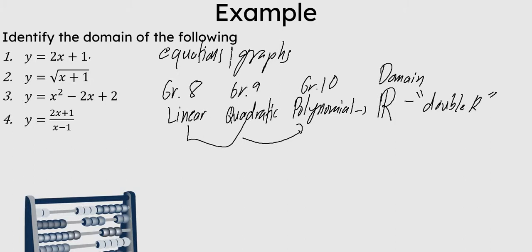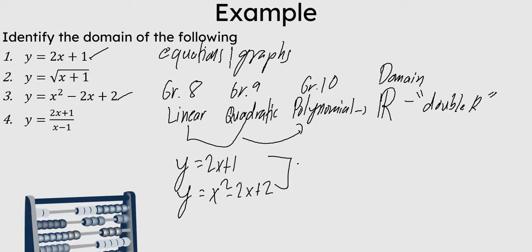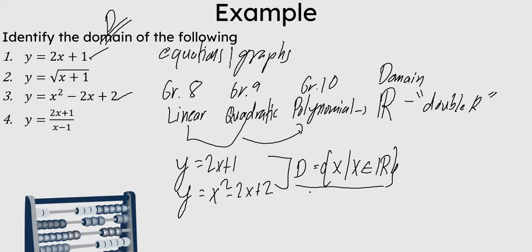So that means numbers 1 and 3: y equals 2x plus 1 is a linear function, and y equals x squared minus 2x plus 2 is a quadratic function. Both their domains should be written this way: D, which is usually our symbol for domain, is equal to the set of all x such that x is an element of the set of real numbers. This is how we write our domain in set notation.